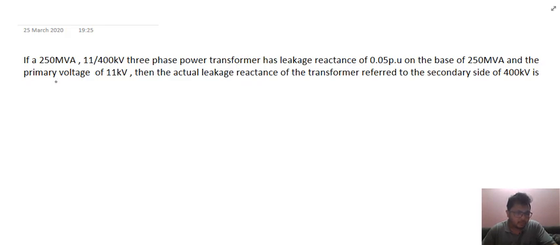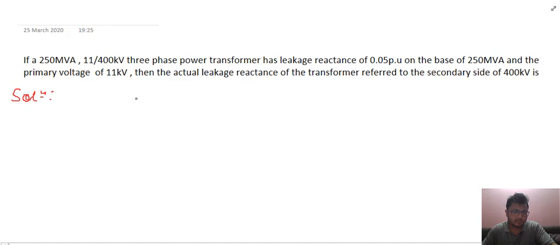If a 250 MVA 11 by 400 kV 3-phase transformer has a leakage reactance of 0.05 per unit on the base of 250 MVA and the primary voltage of 11 kV, then the actual leakage reactance of the transformer referred to the secondary side of 400 kV is. Okay, so let us see.